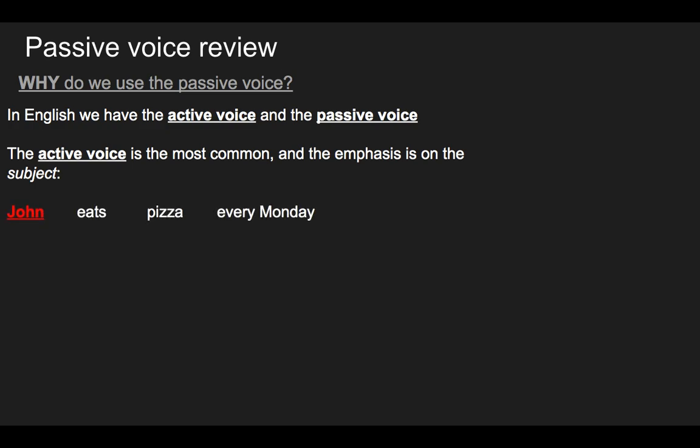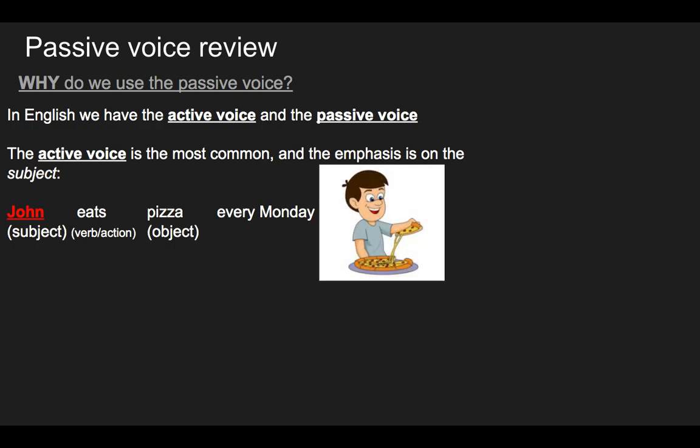So John, the subject, eats pizza every Monday. The subject, John, the verb or the action, and pizza, the object, every Monday. And there he is, John eating his pizza every Monday. So the emphasis is on John, the subject. This is the active voice.